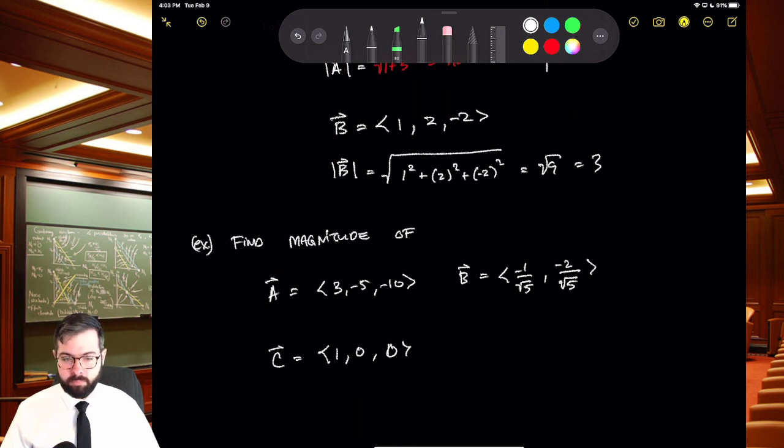Do you want us to simplify the radical for A? If it works out that you can, yeah, but don't get too excited.